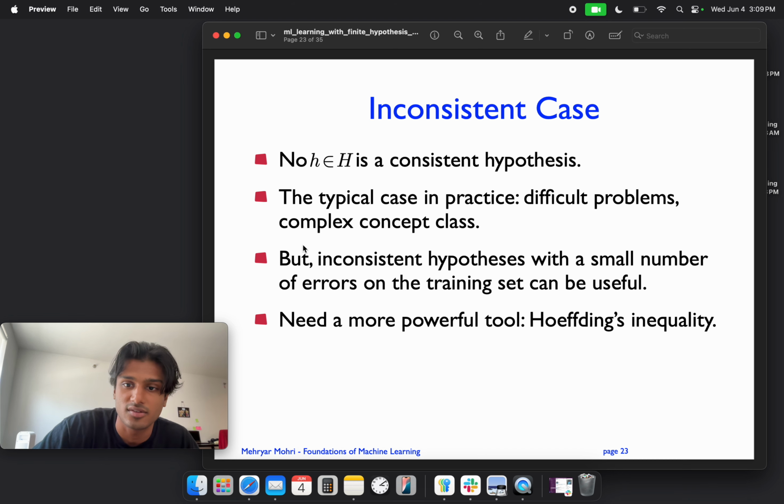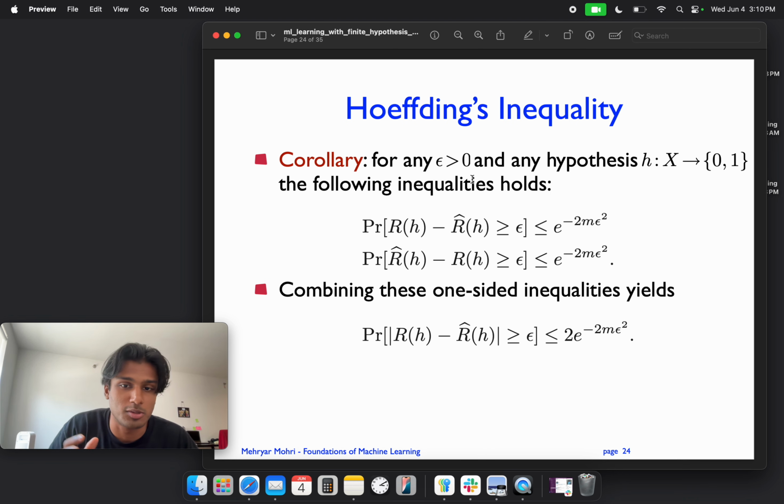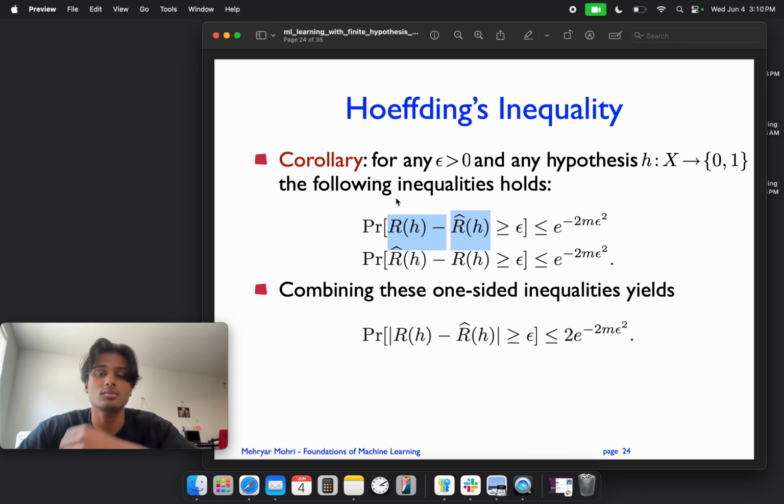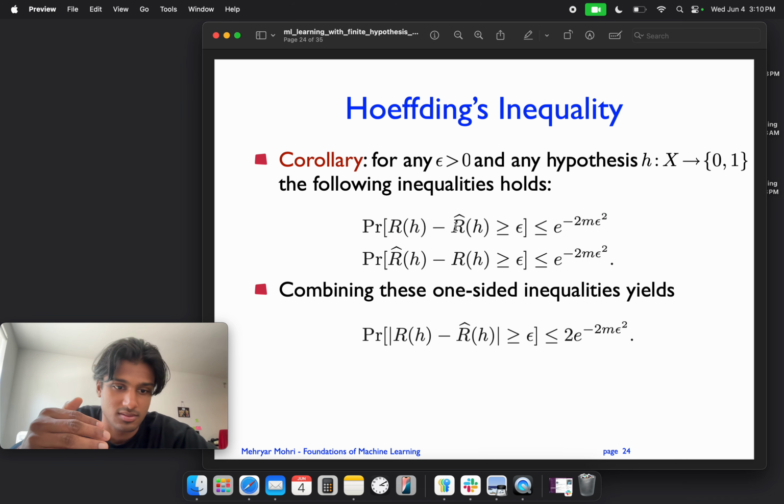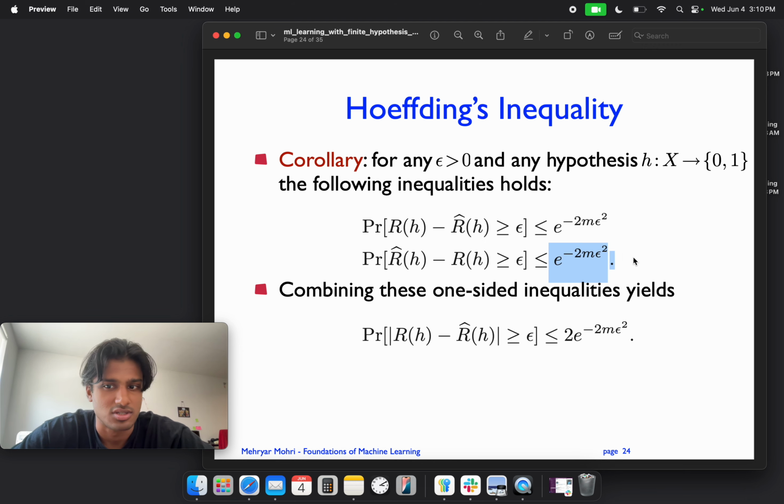And we learned about Hoeffding's inequality. Hoeffding's inequality is a probability bound which bounds the real risk of a hypothesis away from its empirical risk. Basically, it says how much it deviates. If you look at these two statements, the probability that the real risk is epsilon higher than the empirical risk is less than some exponential. Similarly, the probability that the real risk is epsilon lower than the empirical risk is bounded by the same exponential.